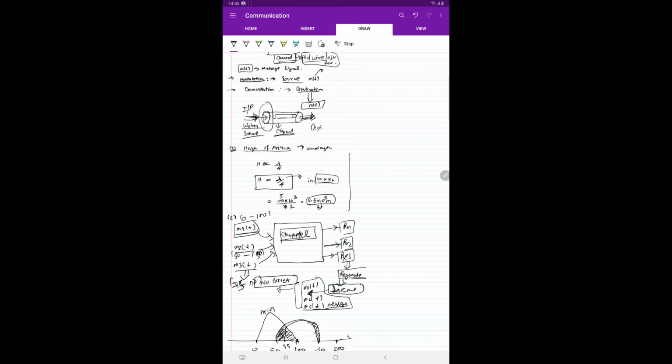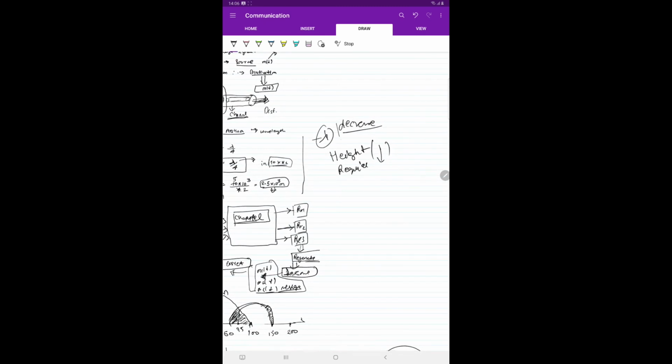And also, if we decrease the wavelength, then the height of antenna required will also decrease. And how will we decrease this wavelength? By increasing the frequency.